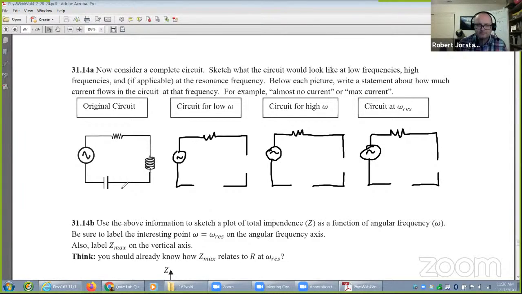Okay, and so let's do the capacitor here in red, and I'll do the inductor here in blue.